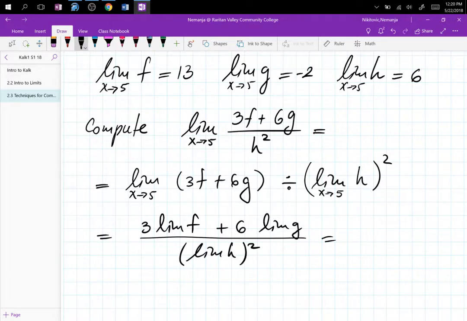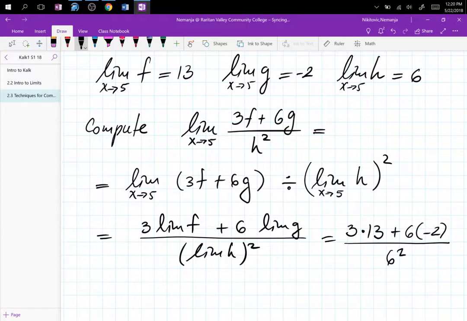The limit of f is 13, so 3 times 13, plus 6 times -2, divided by 6 squared. You swap it like a block, the whole limit of f. These are all x goes to 5. I didn't write it, but I should. They're all x goes to 5.